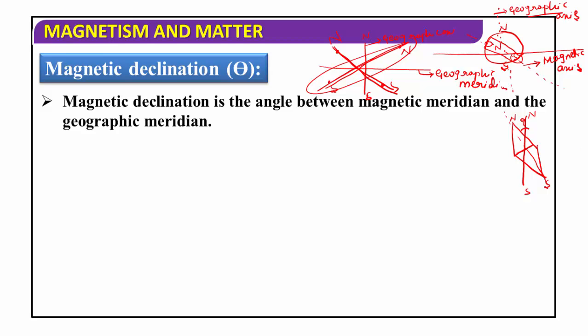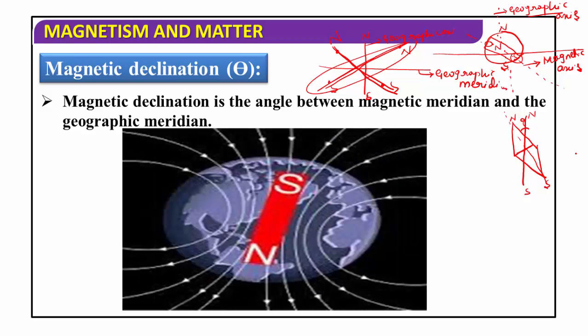The angle between the magnetic axis and the geographic axis of the earth at a place, or the angle between the magnetic meridian and the geographic meridian at a place, is called magnetic declination. Declination is greater at higher latitudes and smaller at the equator. And this is the diagram of the magnetic declination.